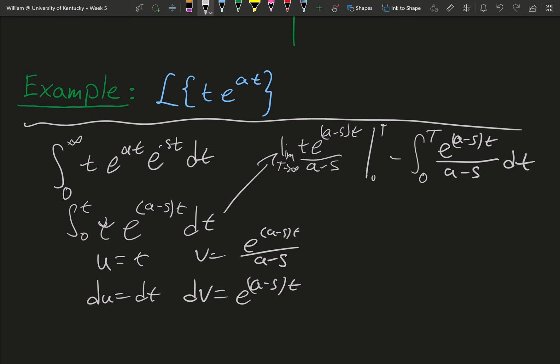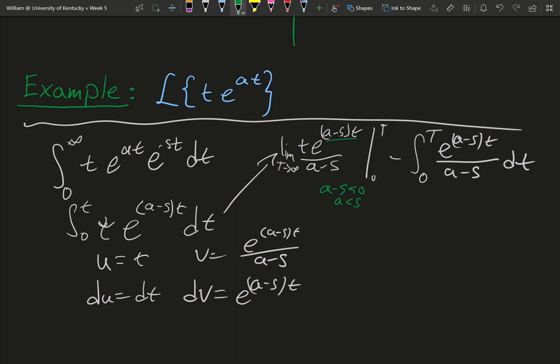Okay, so one thing to note, again, if we take this limit, we're going to need a minus s to be less than 0, which tells us that a is less than s, or s is greater than or equal to a.